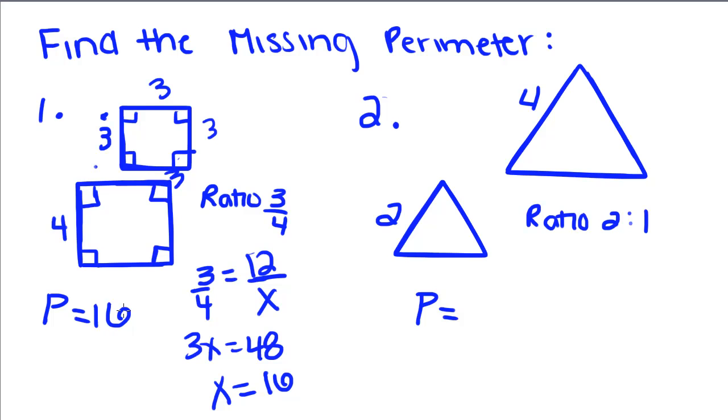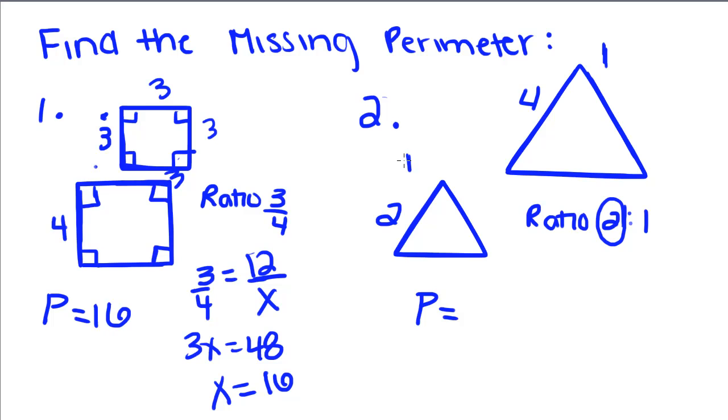Now find the perimeter knowing that they have a 2 to 1 ratio. So the first number is this big triangle, because this triangle has a 2 to 1 ratio to this one, meaning this is 2 times as big, to 1, which is this triangle.